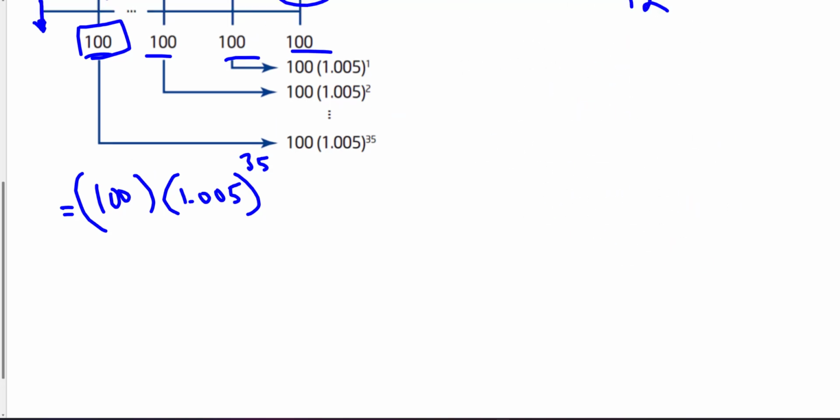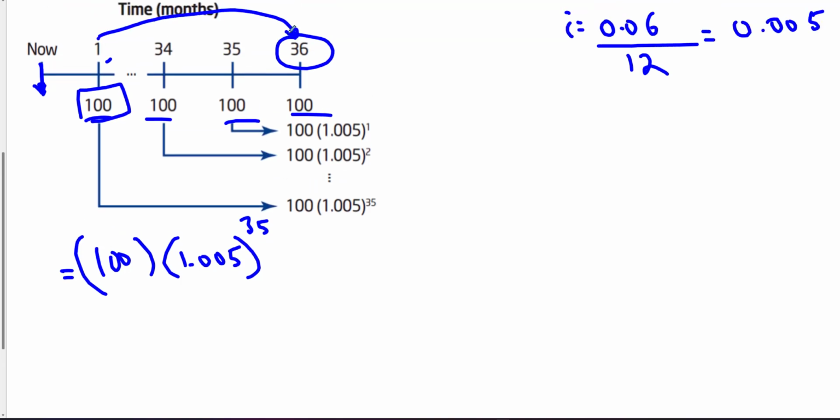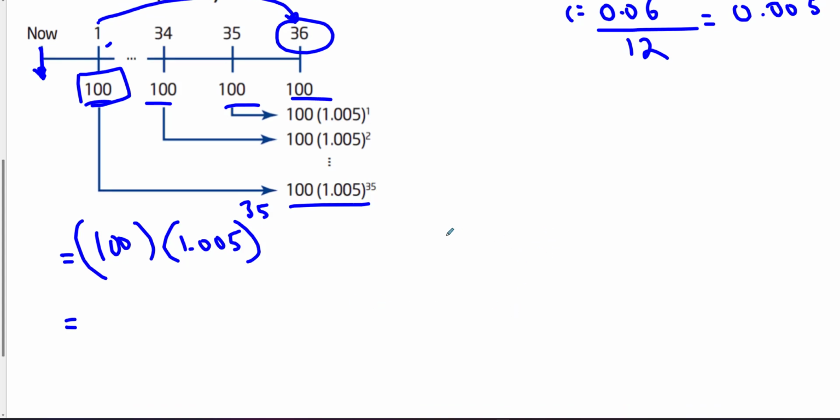Well, that first $100, I'm keeping it for 36 months. So I'm going to accrue interest on it for 35 months, because the first month I deposited, I didn't actually make any interest. But then for 35 months after that, I made interest.